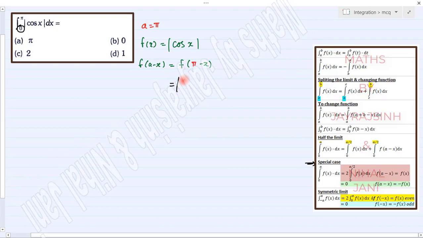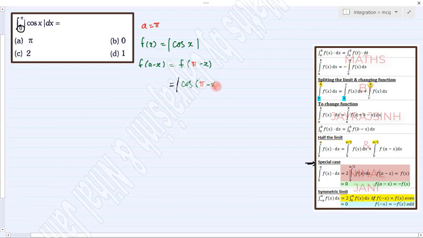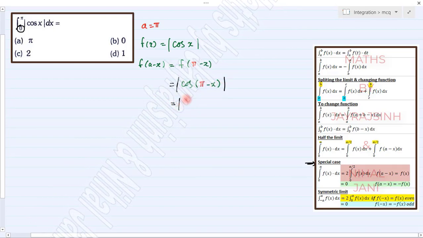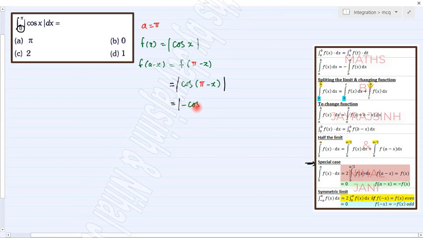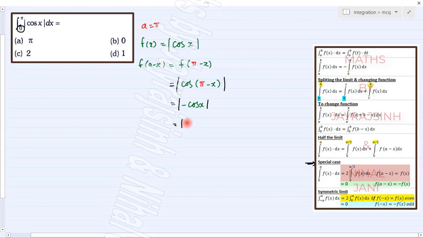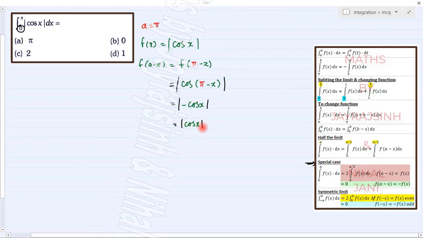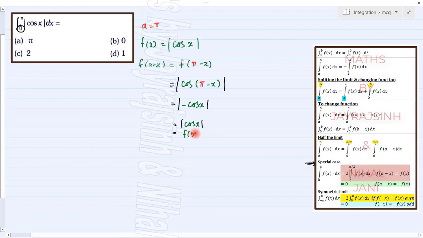So we just have to replace x by pi minus x. Now cos of pi minus x is minus cos x, but due to this mod we will get mod cos x, which is nothing but the function of x.